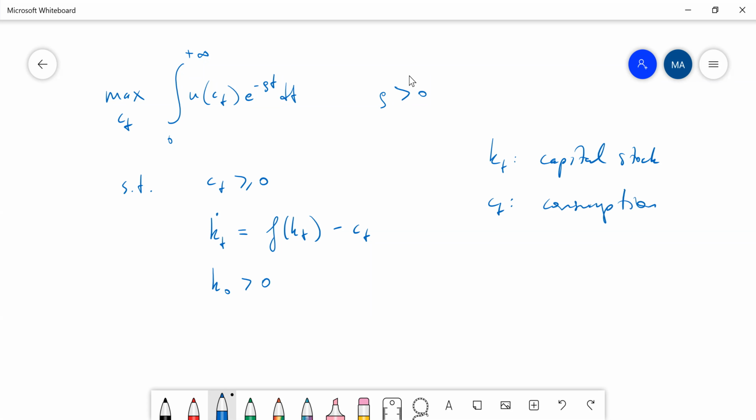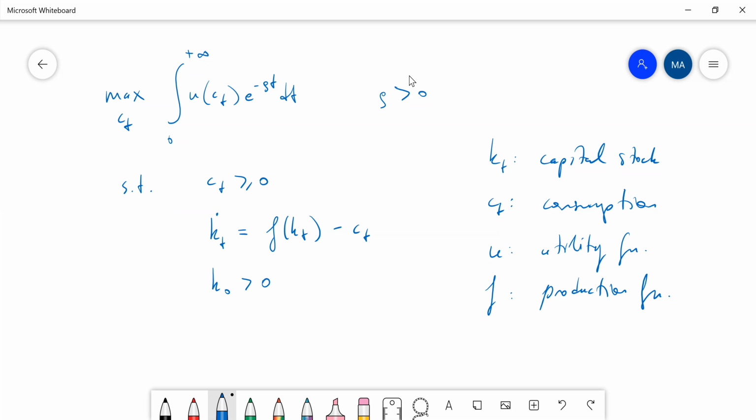Now, obviously, you can produce stuff with a production function. So U is a utility function, and F is a production function. So you can produce some stuff using your existing capital stock, and then you can consume some of this production, and whatever you do not consume becomes your saving.